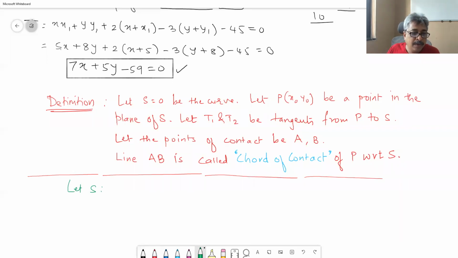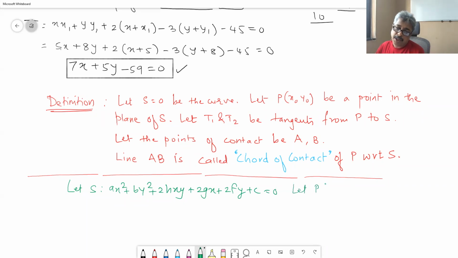Let S be ax² plus by² plus 2hxy plus 2gx plus 2fy plus c is equal to 0. Let P be (x1, y1). Find the equation of chord of contact.